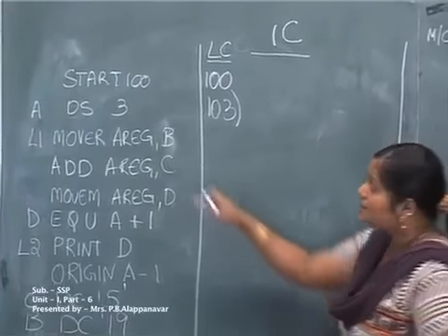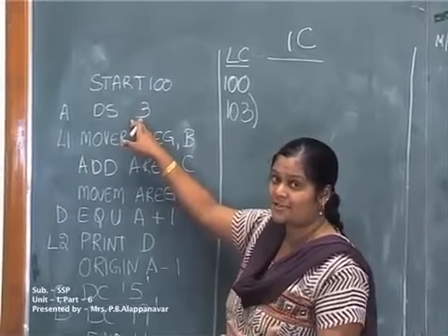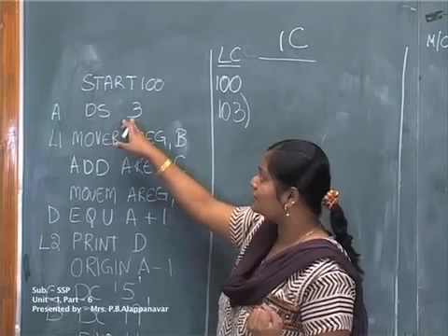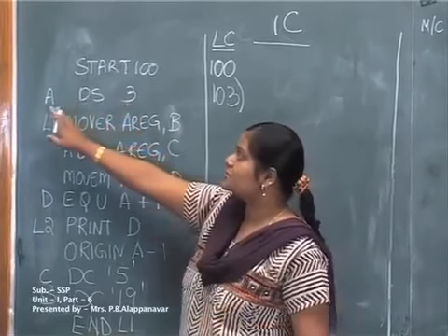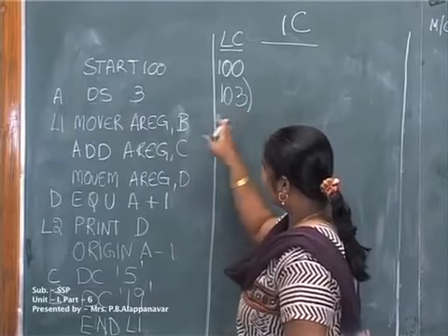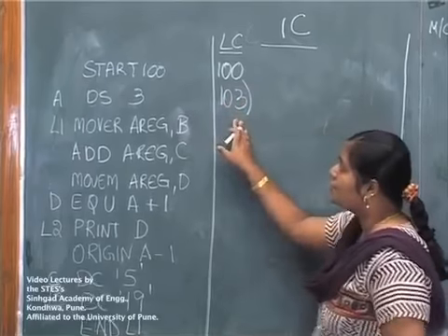Because in the previous statement you have given the address, for 3 you have reserved 3 memory locations that is associated with this label A. Now after this, the location counter value is incremented to 103.